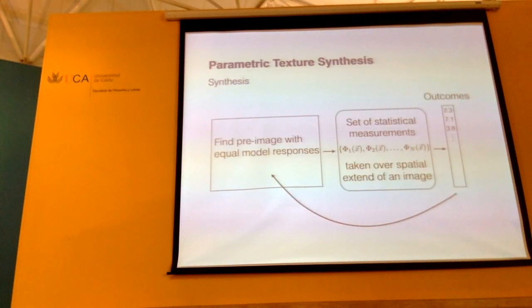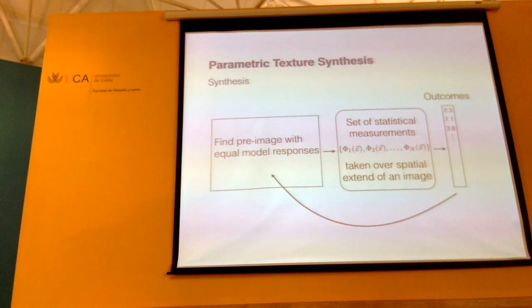Now the idea is, if you have certain summary statistics, to do a pre-image search: to find the set of all possible textures that lead to the same outcome according to these summary statistics.